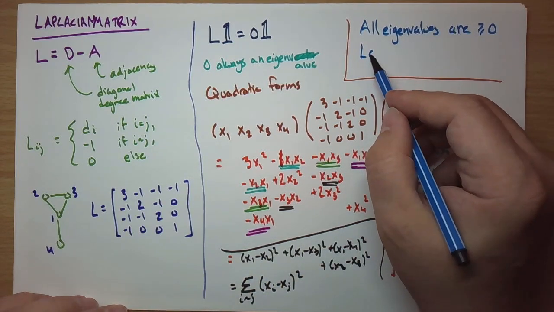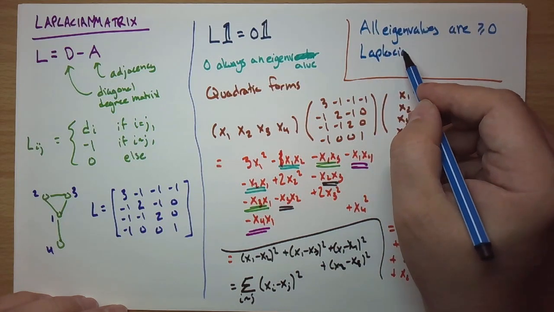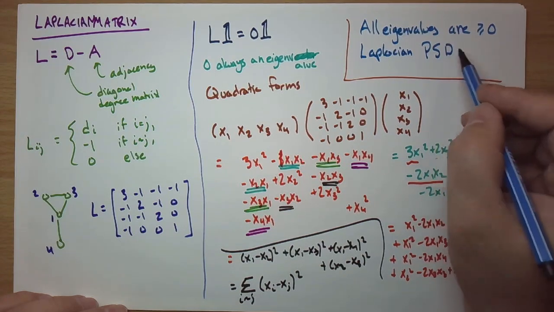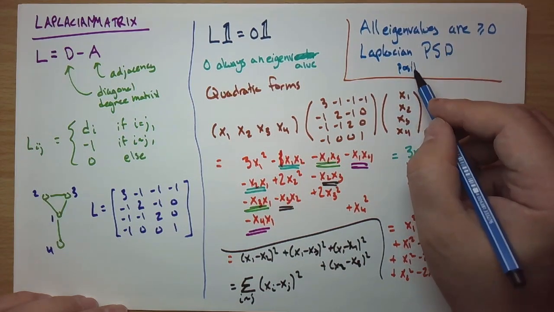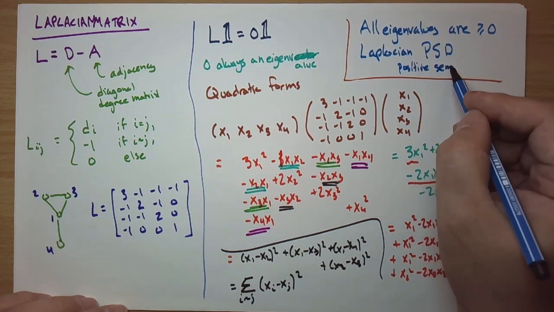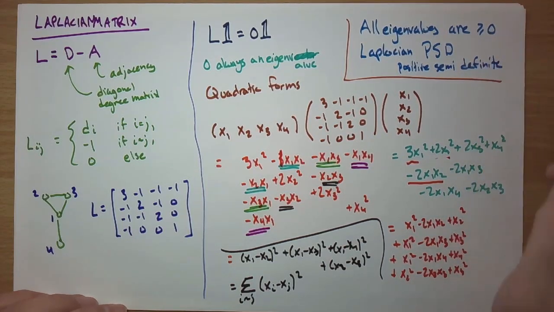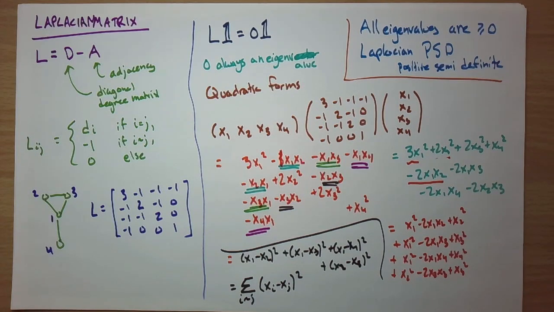So in particular, the Laplacian matrix is what you would call positive semi-definite. It's positive kind of, right? That's the semi. Positive semi-definite. And that follows from the fact that if you look at the sum of squares, it's greater than or equal to 0.